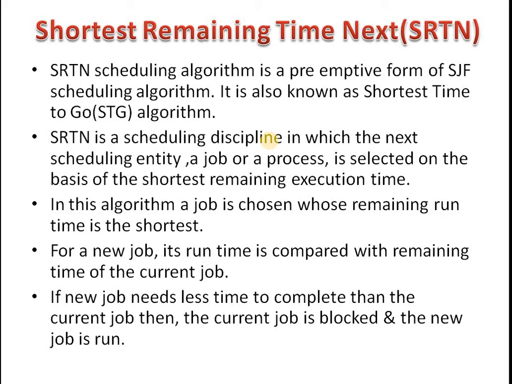In this algorithm, a job is chosen whose remaining runtime is the shortest. For a new job, its runtime is compared with the remaining time of the current job. If the new job needs less time to complete than the current job, then the current job is stopped or blocked and the new job is executed.